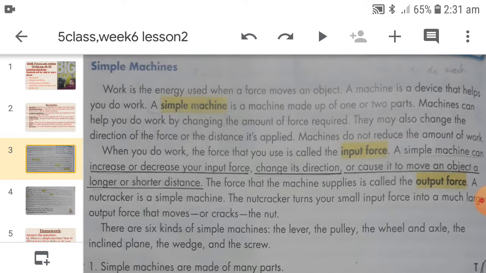Secondly, by changing the direction of effort, or the direction of force that we are using to do the work. If you want to open a tin jar, if you want to open the lid of that, it would be difficult for you to do it barehanded. But if you use a metal spoon, it would be easier for you. Now, how to do that?